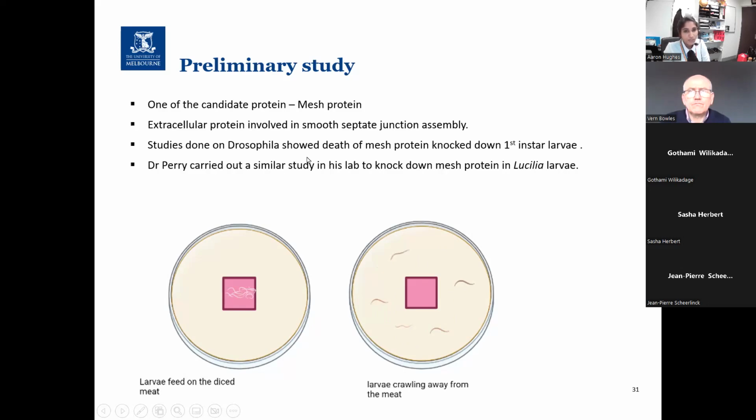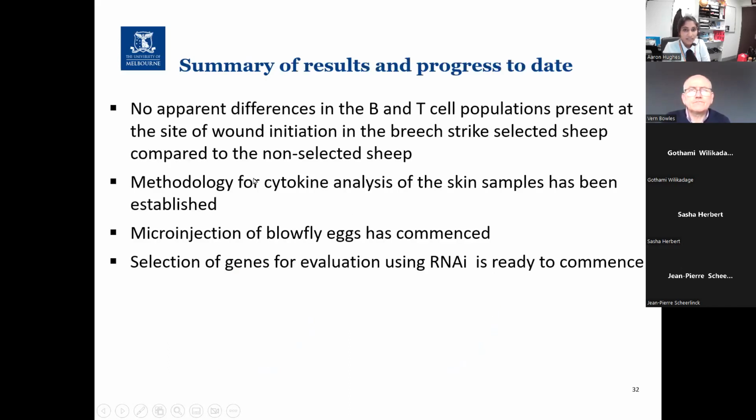So I am trying to use this same protein to get trained with the microinjection procedure and to decide which concentration of double-stranded RNA can be used to inject to get an effective knockdown. And this is the summary of results and progress to date.